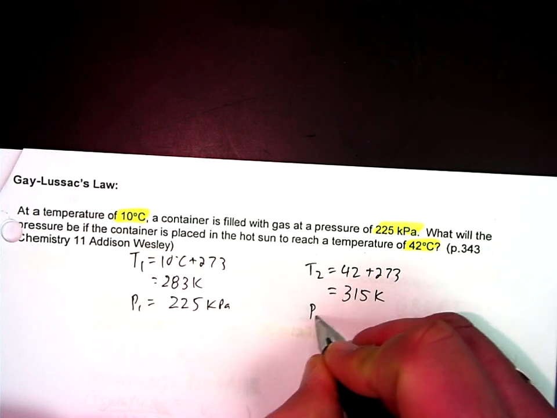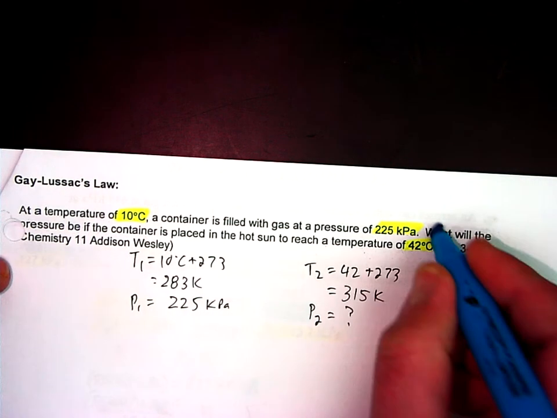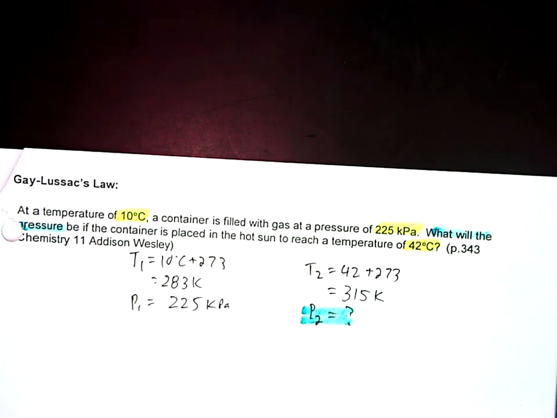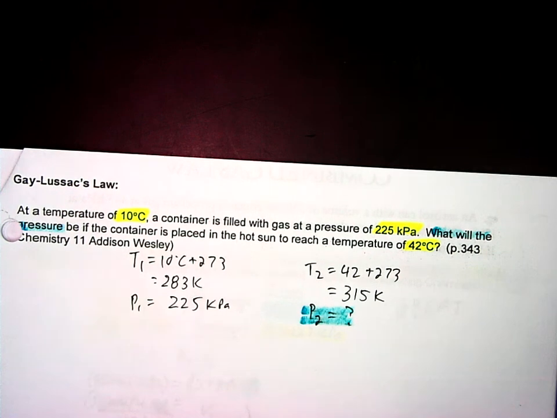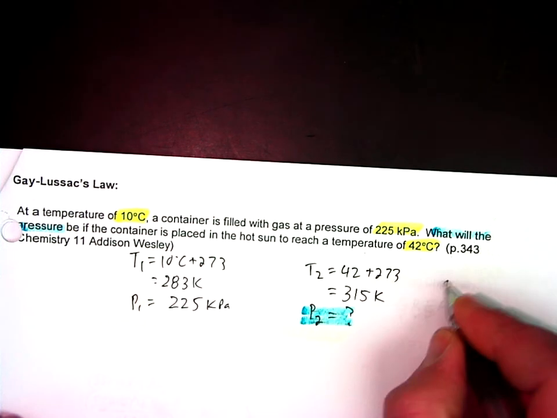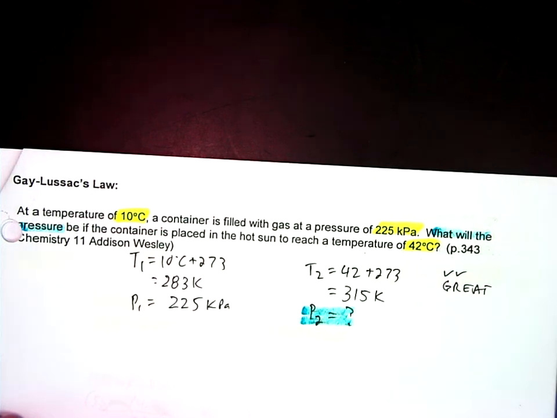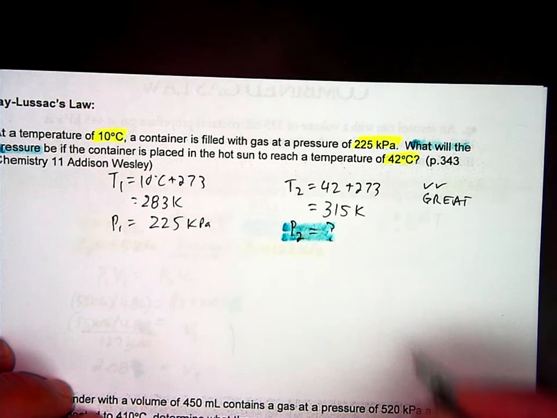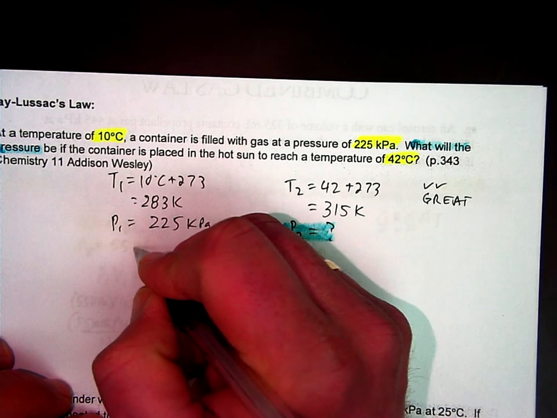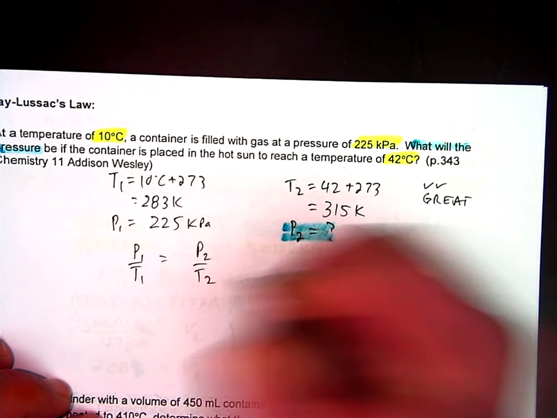And we're trying to find out what this new pressure is. What will the pressure be? All right, so we're going to plug in our formula. So again, great method. We've got our required. We know our givens. Now what we're going to do is use the right equation. So P1 over T1 is equal to P2 over T2.